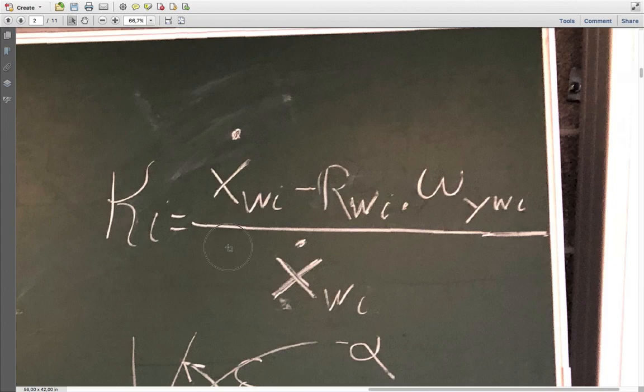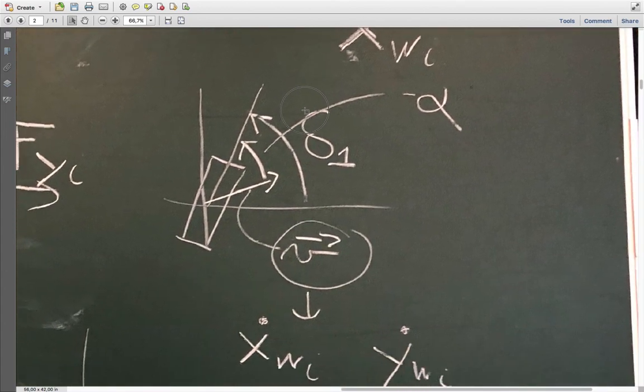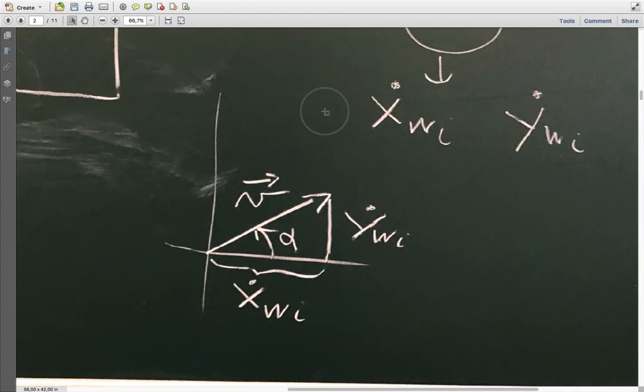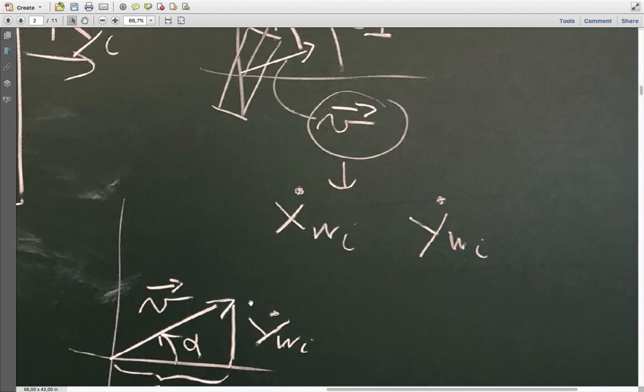We also showed how to determine the slip angle. How to determine the slip angle? Well, if we know the speed in the x direction, and the speed in the y direction, then we can determine this angular value alpha using a tangent.